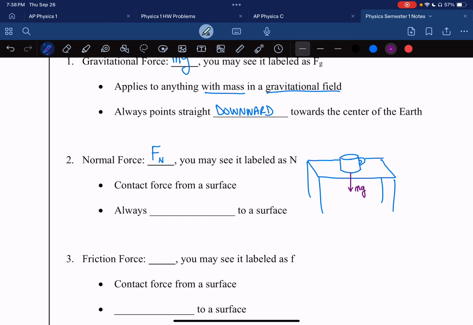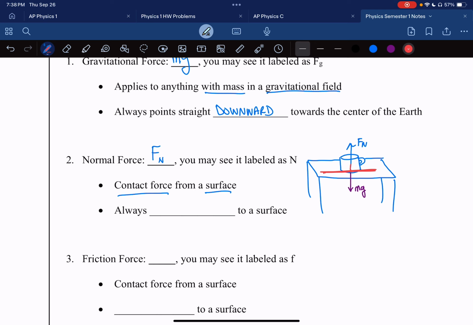So there's an upward force on the cup, which we will call the normal force. It's just a contact force from a surface, and the surface of this table is like this.